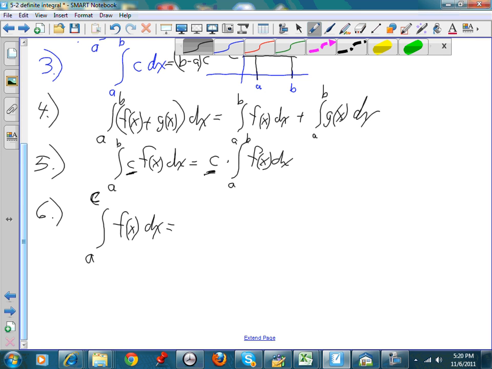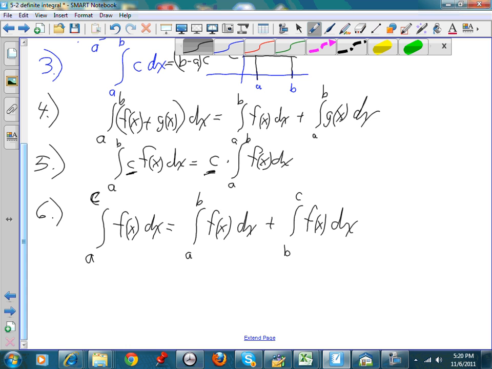This could be equal to the integral from a to b of f of x plus the integral from b to c of f of x.